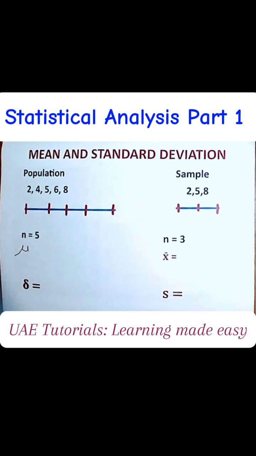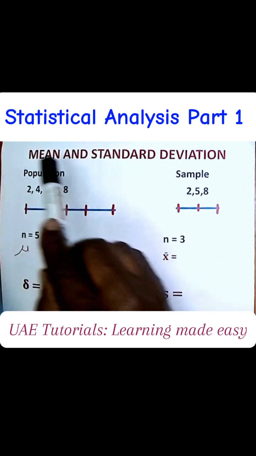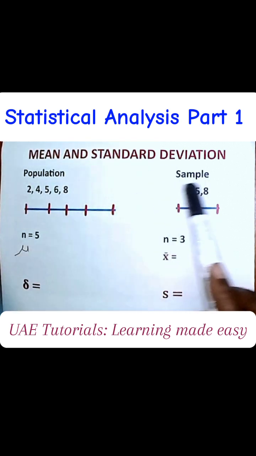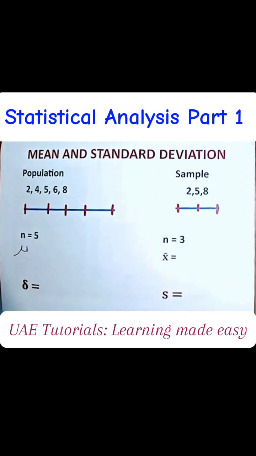So there are two ways of analyzing data. Is either you are analyzing the entire population or you are analyzing a sample of the population. Let's assume you have a population of maybe 500,000 or 1 million people, and you've gathered information about a certain attribute of the population and you want to analyze this data.